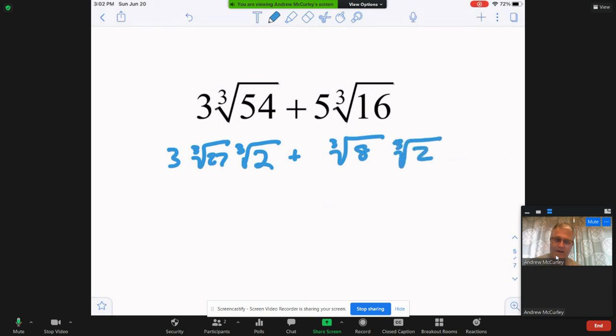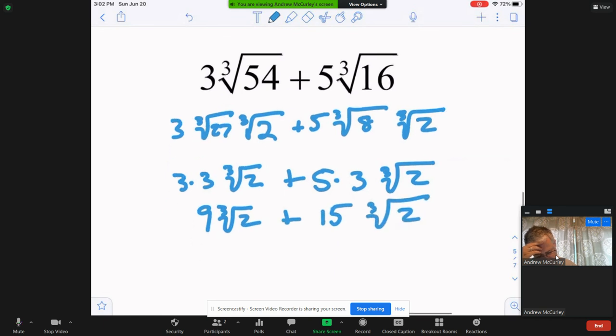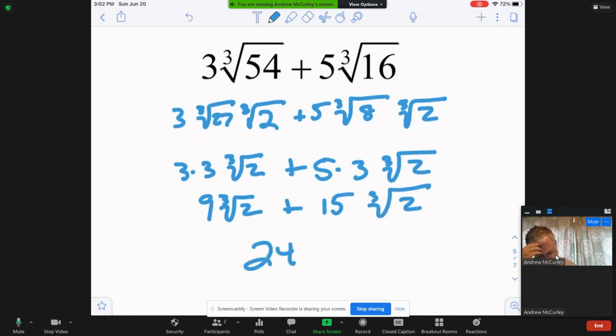I might write out all my cube roots too. And there's a 5 out front. So this one's going to be 3 times 3, cube root of 2, plus 5 times 3, cube root of 2. So it looks like 9 cube roots of 2, plus 15 cube roots of 2. Looks like 24 cube roots of 2.